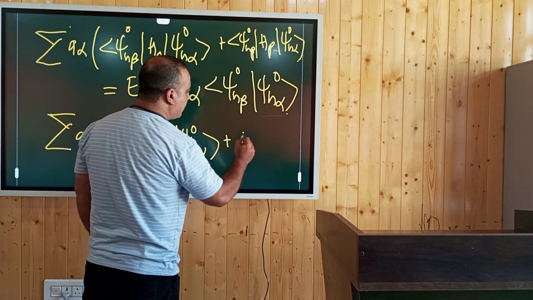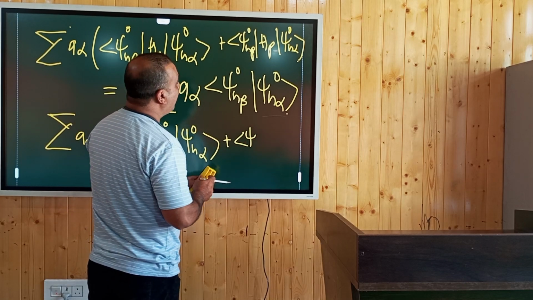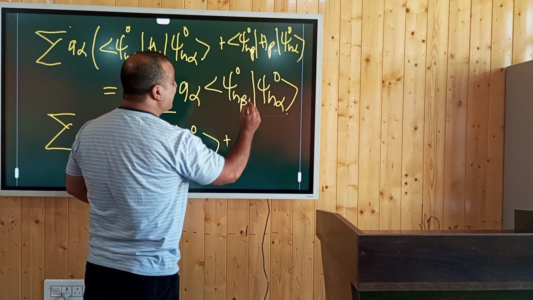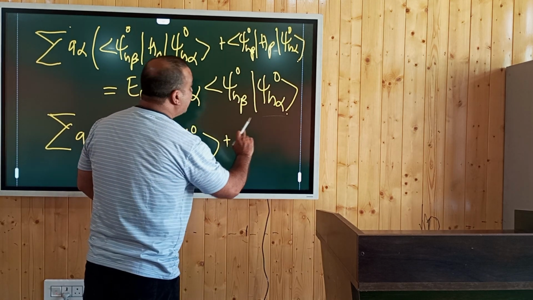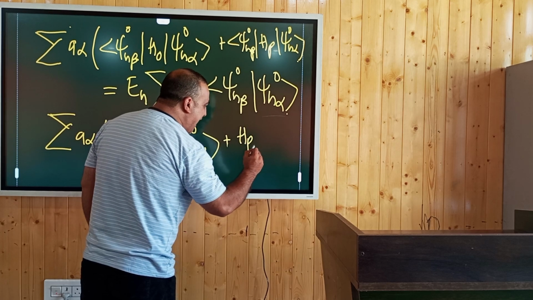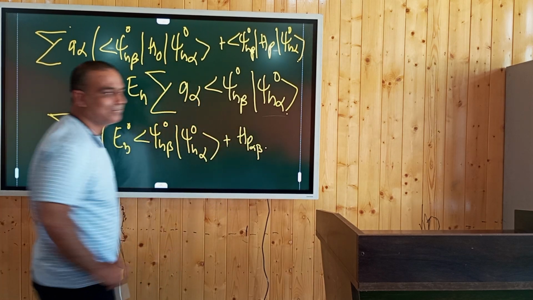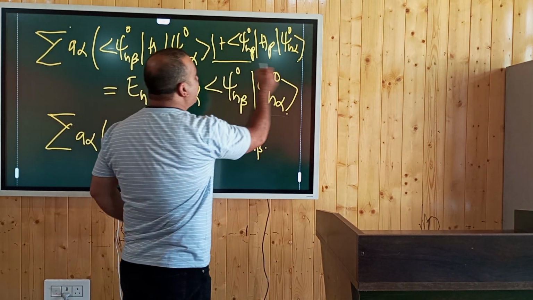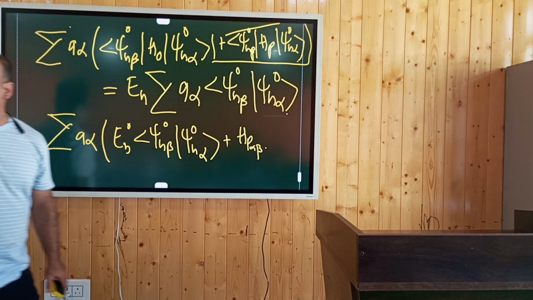same thing, ψ_β⁰. Now I would like to make it a little bit simpler. Because it's a matrix element that is to be evaluated, for this I will write H_P αβ. Any problem? Well, this H_P αβ is representative of this matrix, okay? Fine?